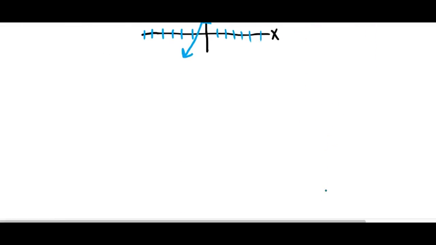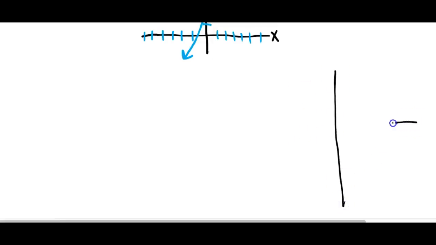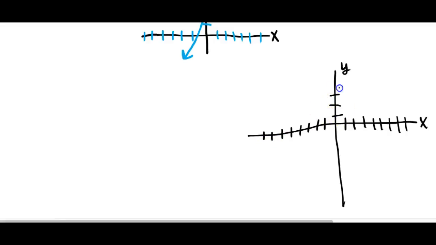So let's try another one. Because these are really fun. Let me try and make this one a little bit more even. Because what I want to make sure is that you guys know if it's a positive slope, if it's a negative slope, what it is.